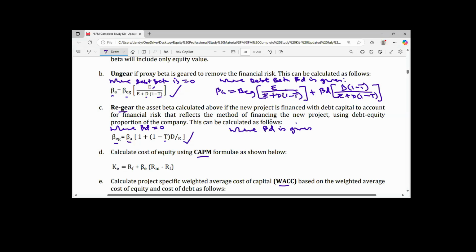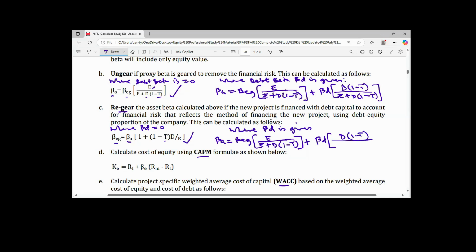Just repeat the formula in step 2 by saying the beta asset equals beta equity of the geared company multiplied by equity value divided by equity value plus debt value (1 minus tax), on one side, plus debt beta of the main company multiplied by debt value of the main company multiplied by (1 minus tax).